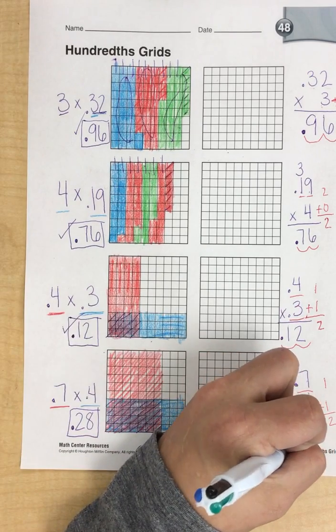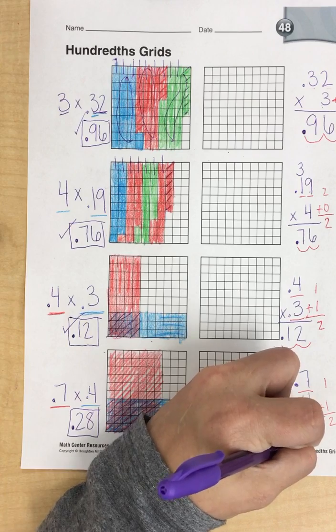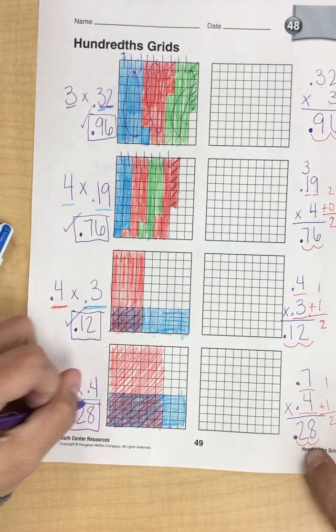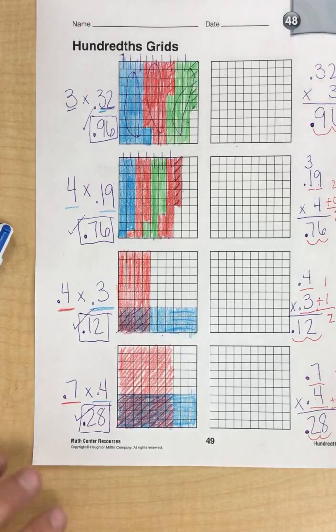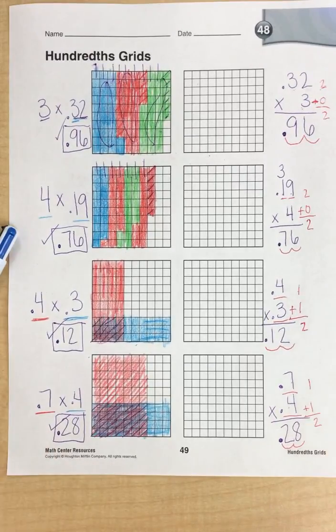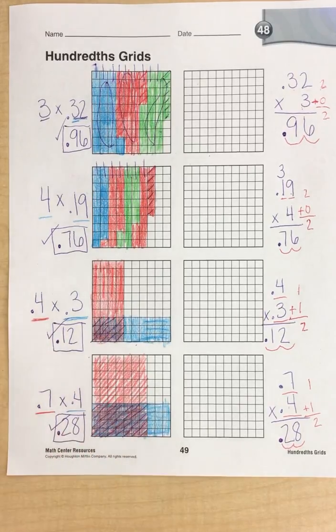So I need to move my decimal over 2 times. So my product is 28 hundredths. That's what I got over here, so my answer is correct. My model is correct. So that is how you use a hundreds grid or a model to represent multiplying decimals.